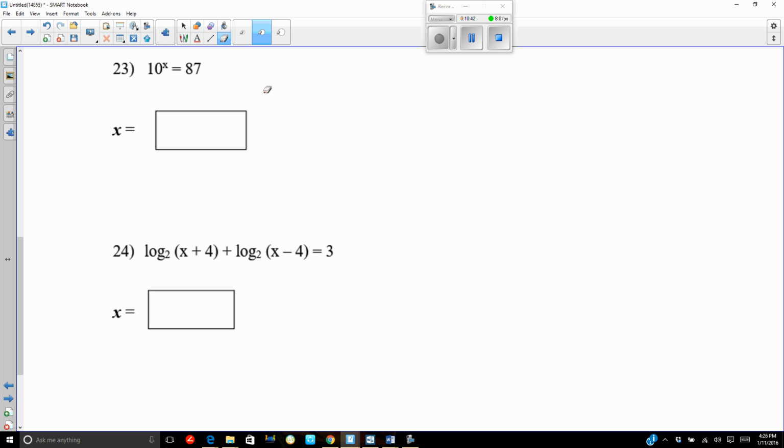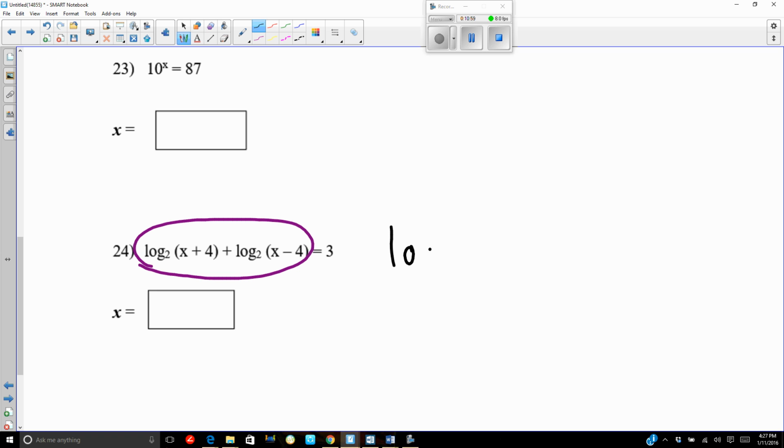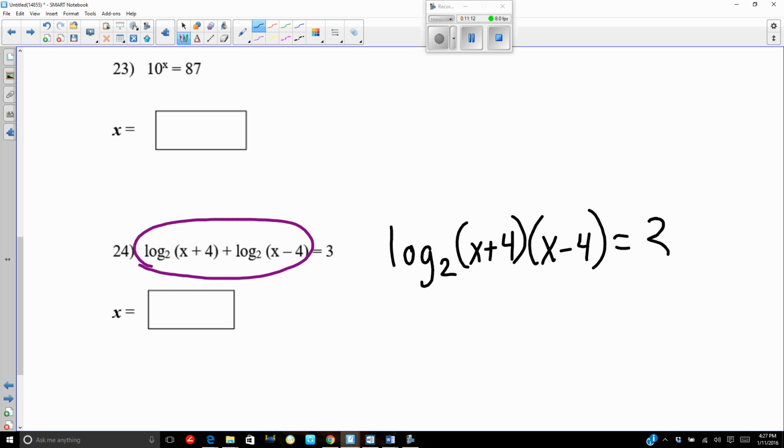All right, and finally, 24 on this page. We need to know those log properties again because before we can convert this to exponential form, we need a single logarithm. So this left side can be combined. The addition of logs converts to multiplication. So we can turn two logarithms into one simply by multiplying the x plus 4 and the x minus 4.